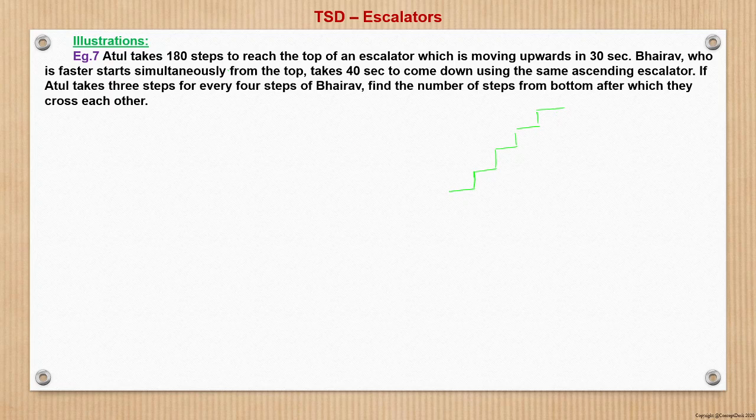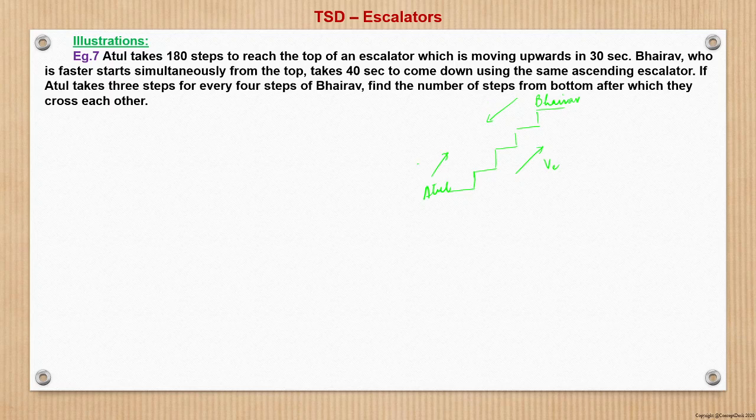So Atul takes 180 steps to reach the top of an escalator. So Atul starts from here, going up, which is upward moving. The escalator is upward moving at a speed of v. Bhairav, who is faster, starts simultaneously from the top. So Bhairav is sitting here. He will start going down.